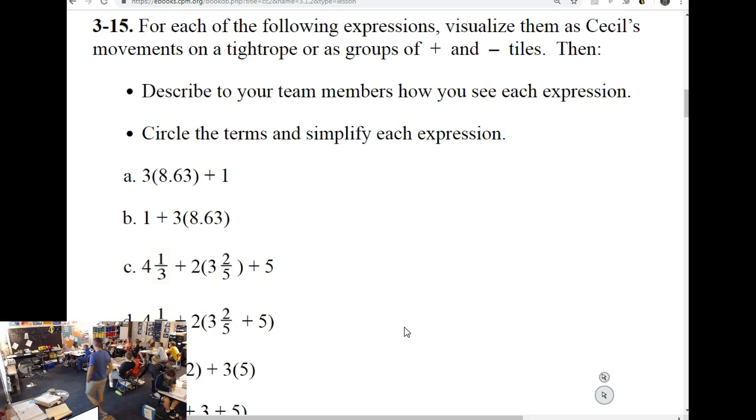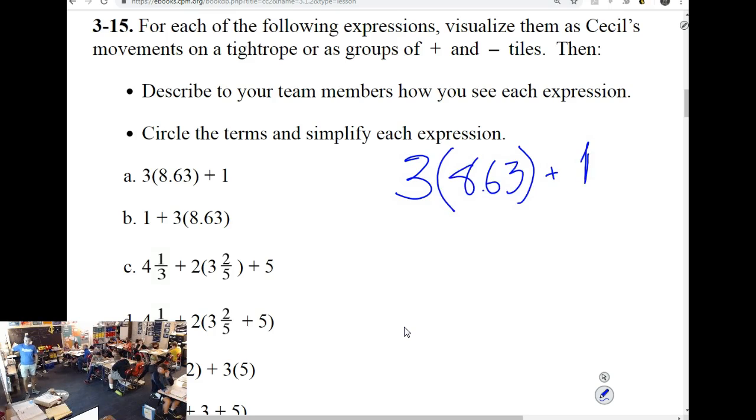All right. So when we look at these problems, and this is really good homework prep, and we only have about 5 minutes left, we're now working with partials, right? You may use a calculator to work through these, but you still need to write out the work. So for A, we should all write out 3 times the 8.63 plus 1, and then work vertically.